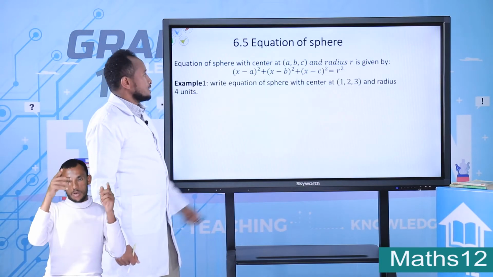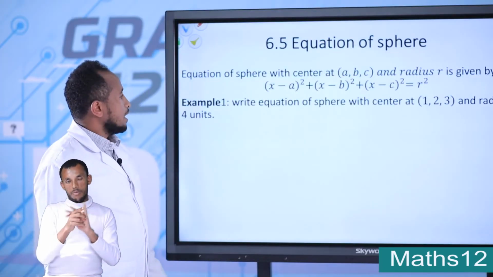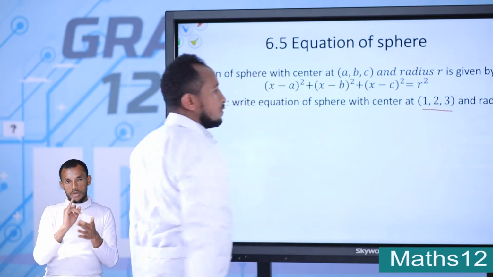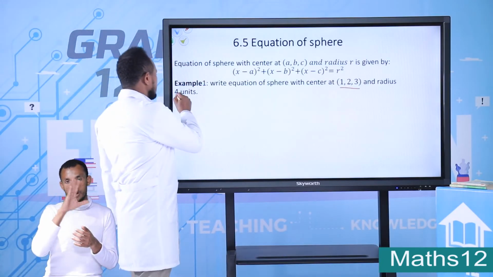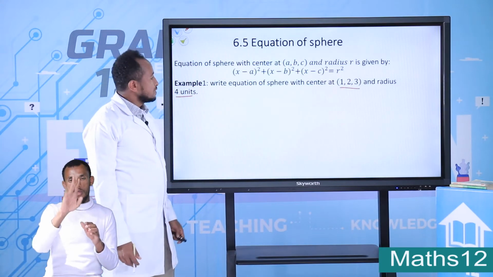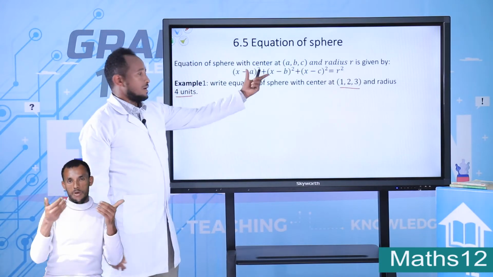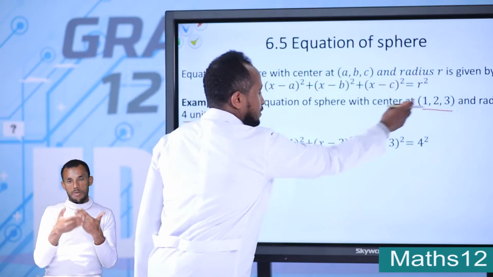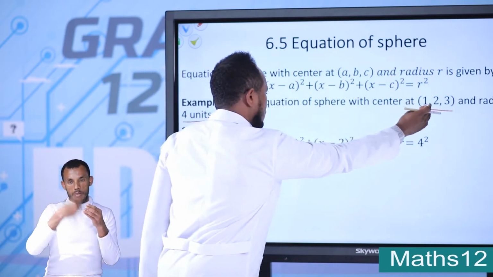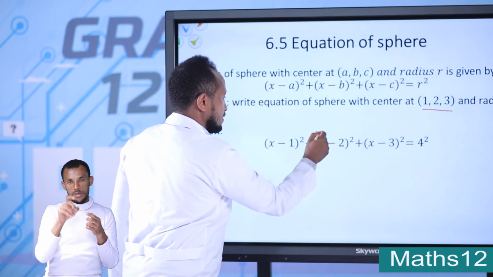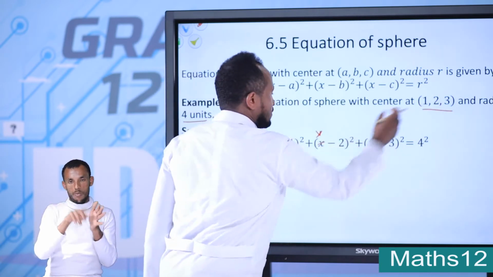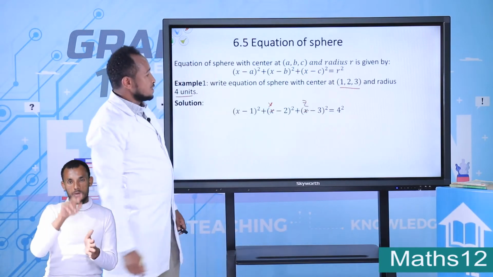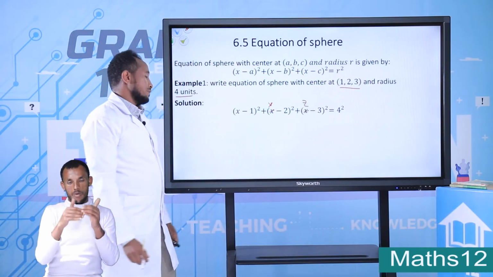So let's see an example for this one. Try to write the equation of a sphere whose center is 1, 2, 3 and radius is 4 units. To write the equation, simply apply the formula: x minus 1 the whole squared, plus y minus 2 the whole squared, plus z minus 3 the whole squared, is equal to 4 squared.